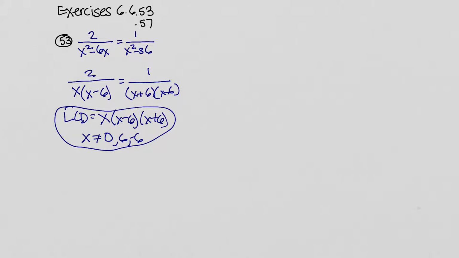Now our process is to write this LCD alongside each one of the original terms. So we'll put it here, and we'll put it here. It looks like it's going to be a little bit long. You know, I'm going to do this up here. So here's what we'll get. We're going to get 2 over x minus 6 times x minus 6, x plus 6 equals, and now we'll put the LCD right here alongside that one.